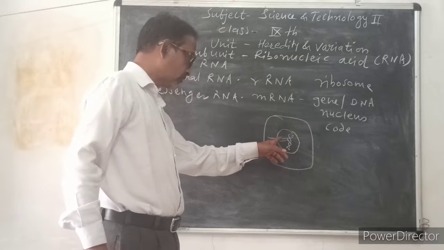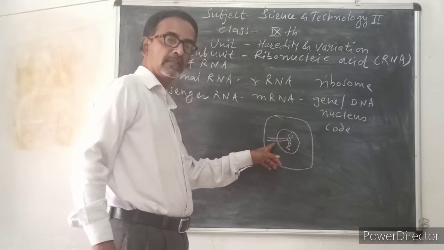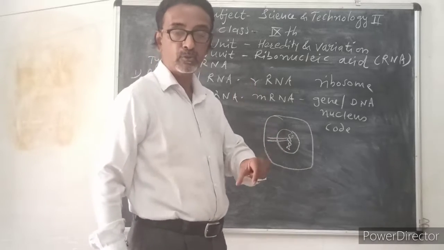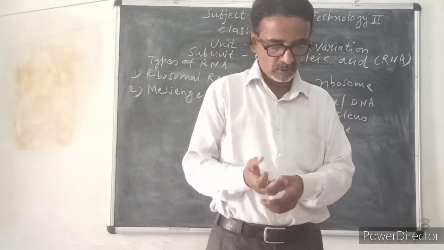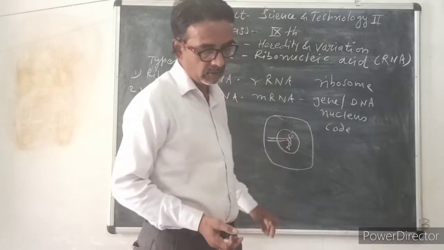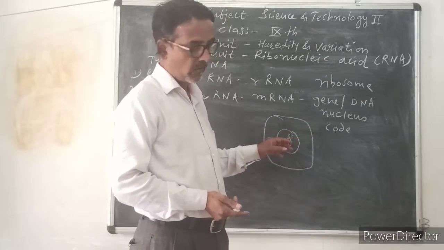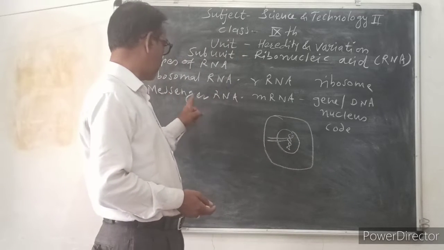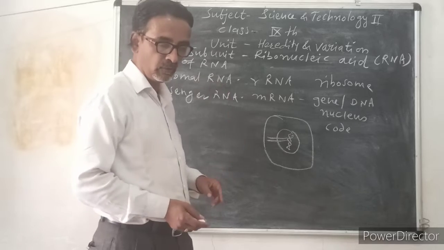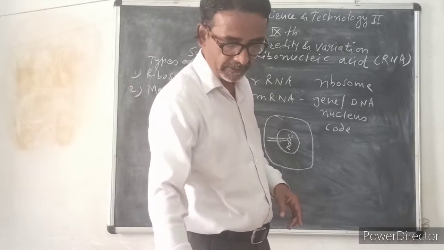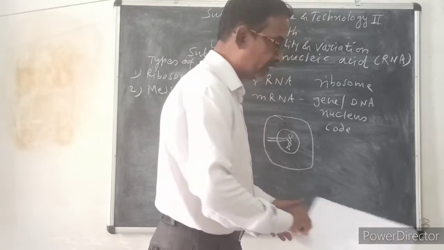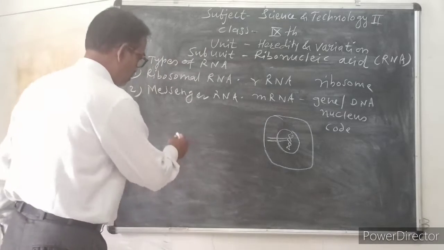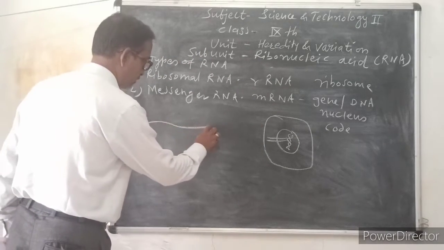It is brought outside the nucleus into the cytoplasm, and it is carried to the ribosome. So this type of RNA is called messenger RNA. We shall see the diagram of this RNA. The diagram is like this.